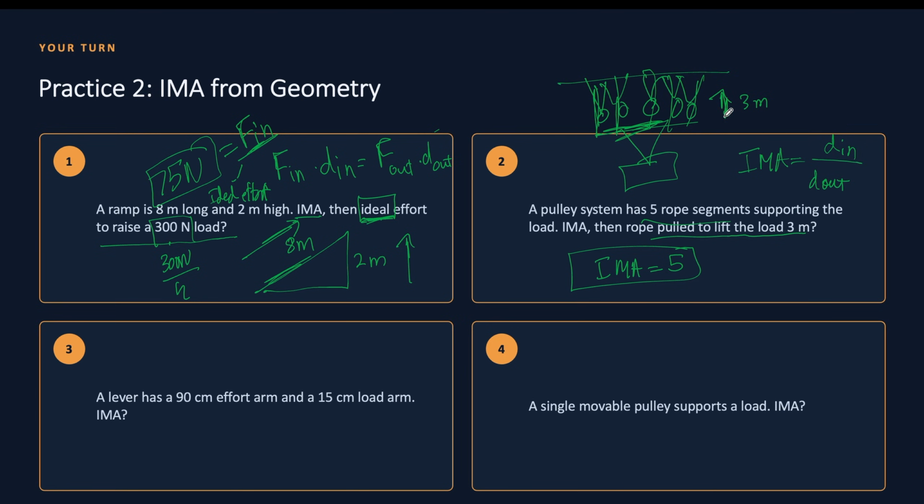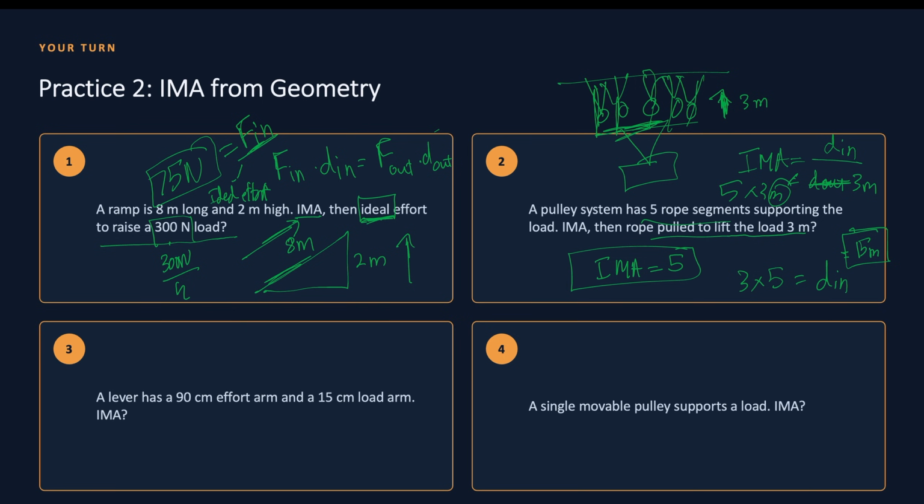If the load is lifted 3 meters, that's distance out. So 3 times 5 is my distance in, which is 15 meters. Okay, because the unit here for 5 times 3 meters is meters, right?